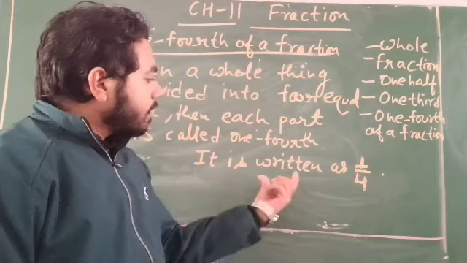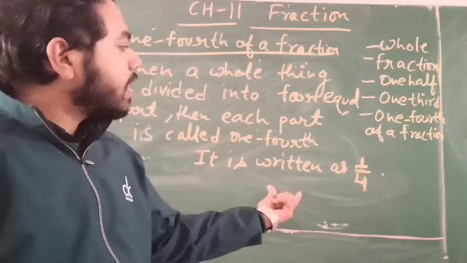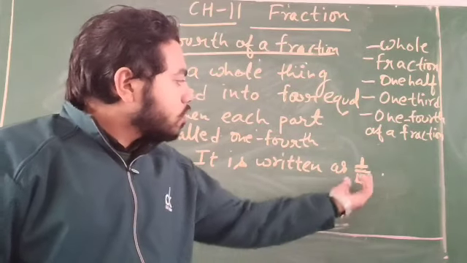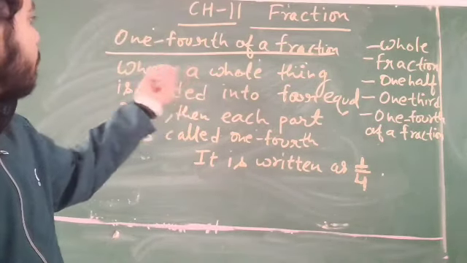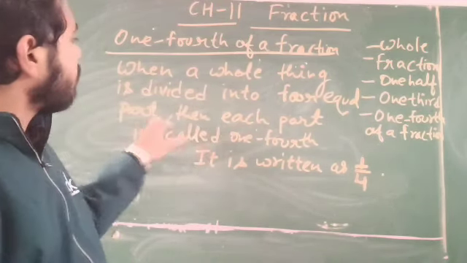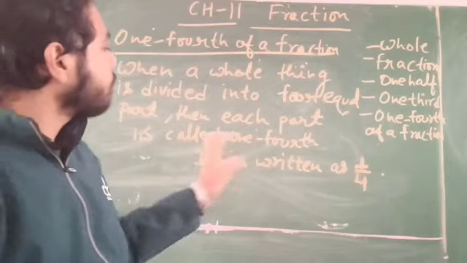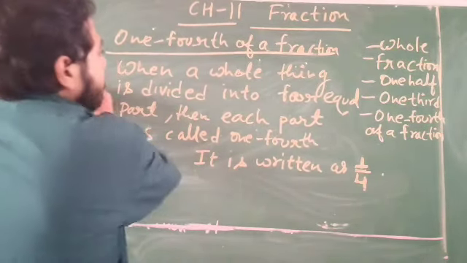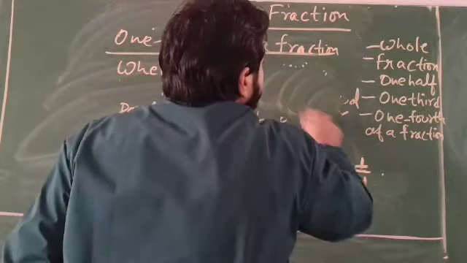Now we try to represent 1/4 in a figure. So here is the definition: when a whole thing is divided into 4 equal parts, then each part is called 1/4. Okay, so now try to understand it by figure.